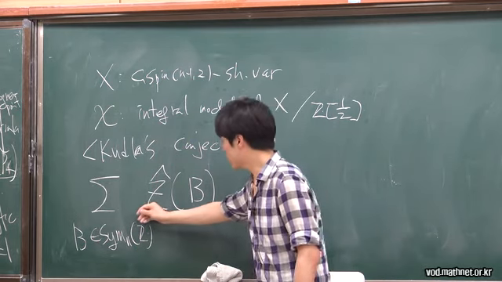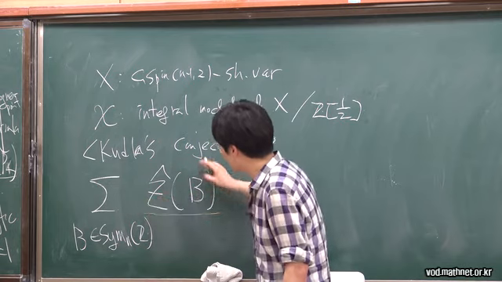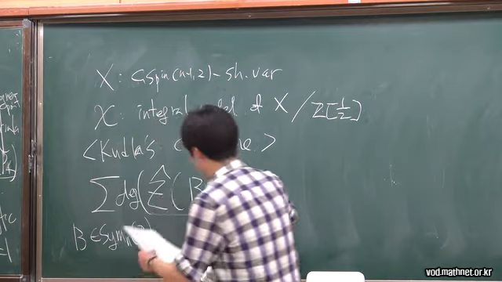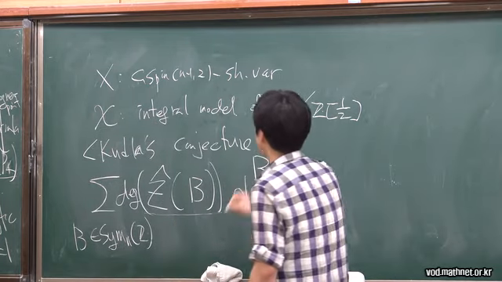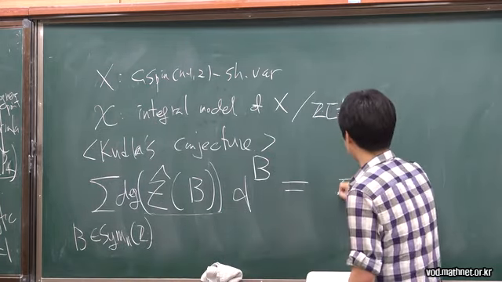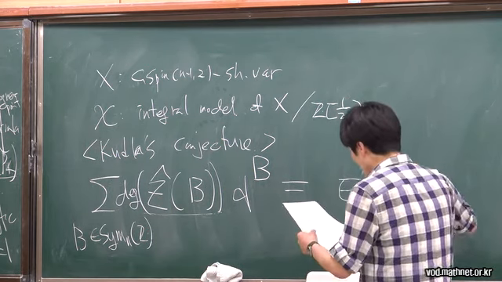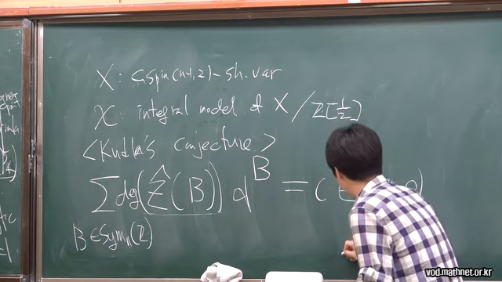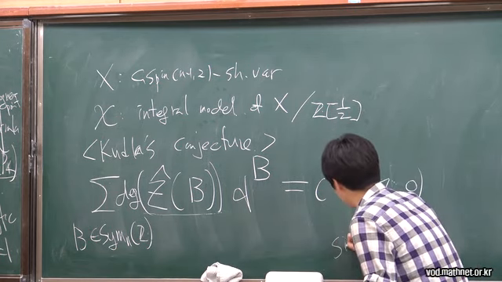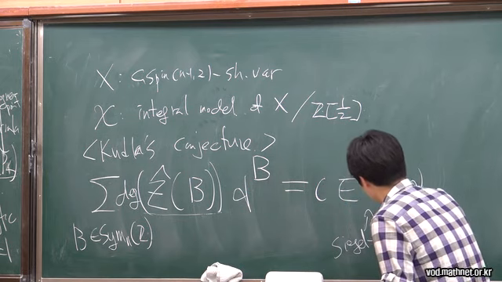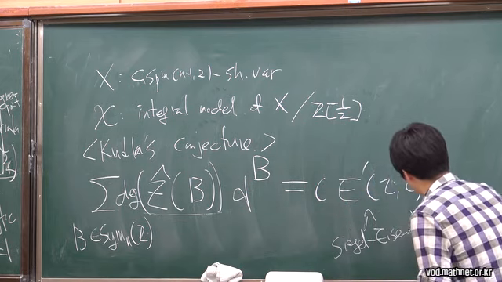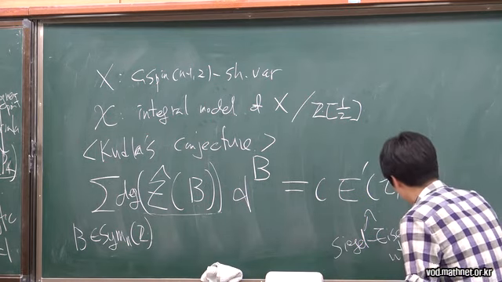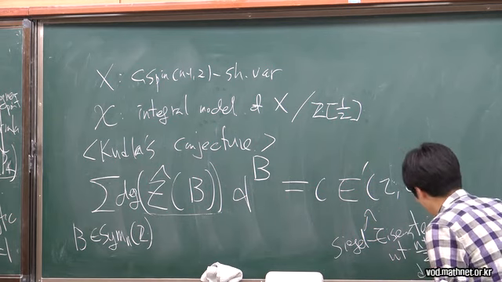And then one can consider the associated cycles, and its degree times q to the B. His conjecture is that this is the same as E'(tau, 0, Phi), the Siegel-Eisenstein series of weight (n+1)/2 and degree n.